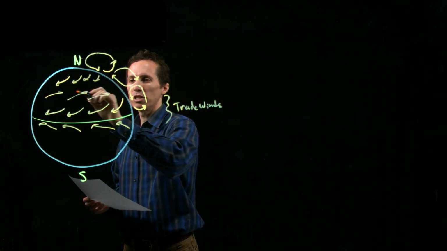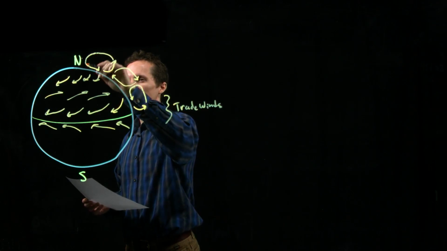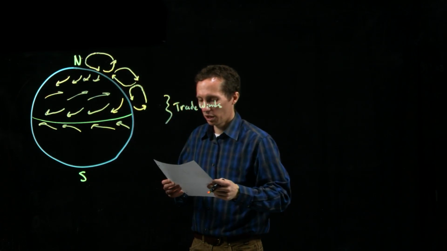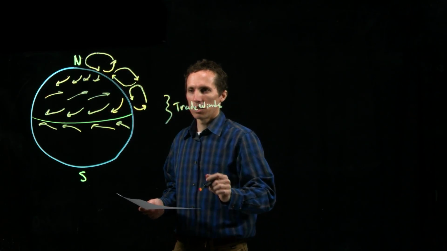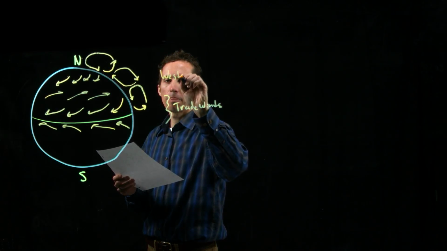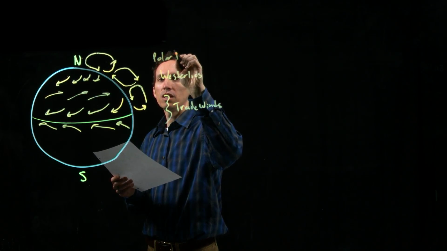So this matches up with these, and the trade winds match up with this circulation cell, and the polar easterlies match up with the polar circulation cell. So we've got the westerlies, and we've got the polar easterlies.